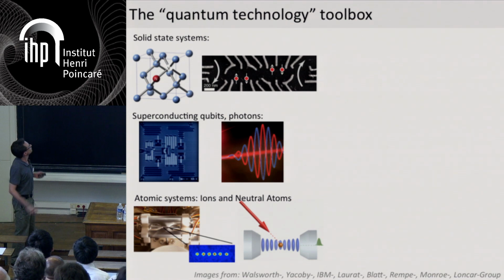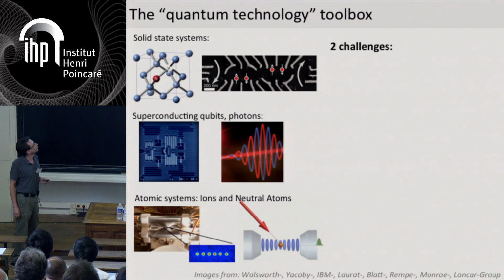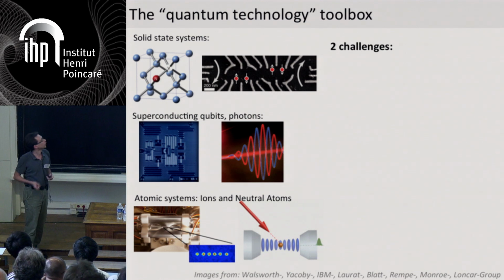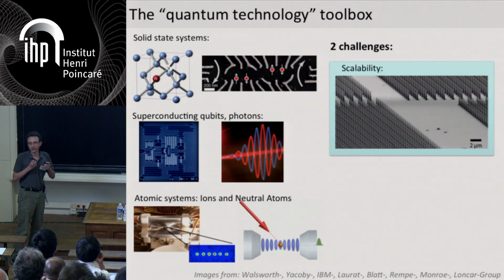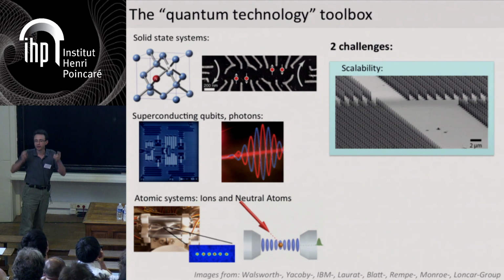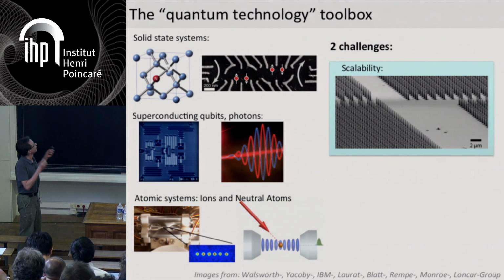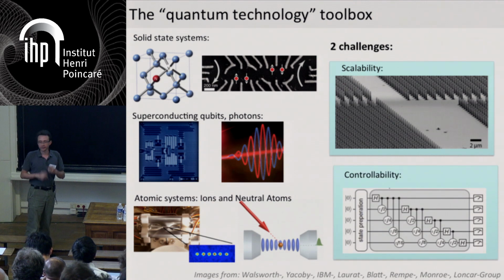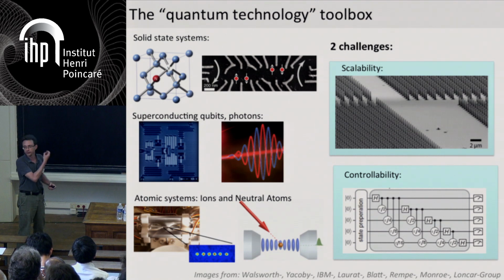And all these possible systems have in common 2 goals. One is scalability, namely you want to bring together as many of these elementary systems as possible, and controllability, namely you want to do this while maintaining a high degree of control over each individual system.